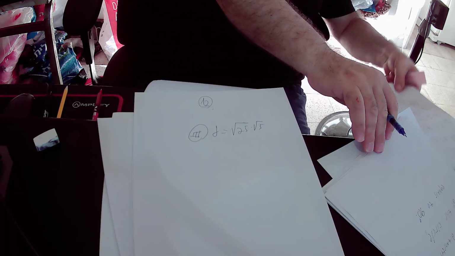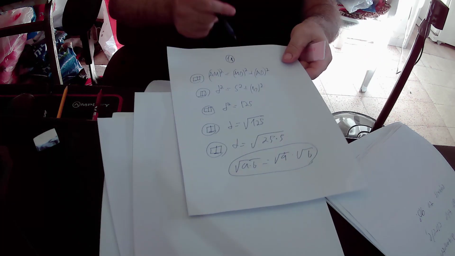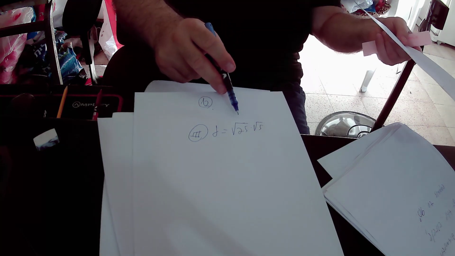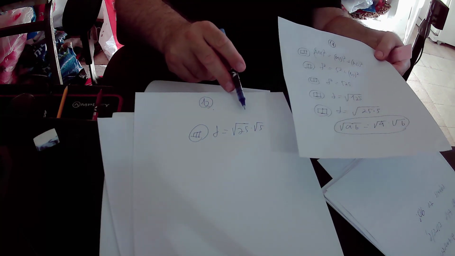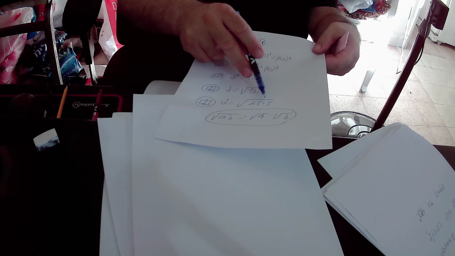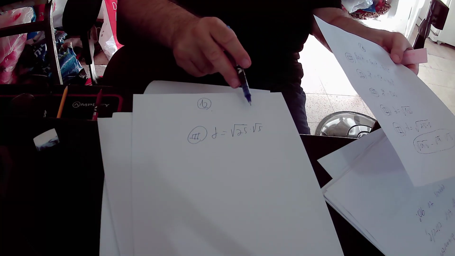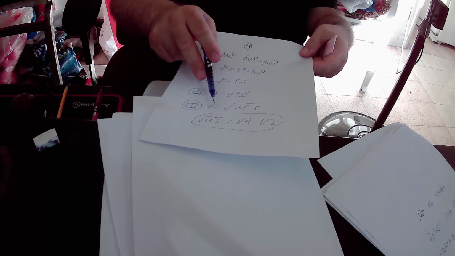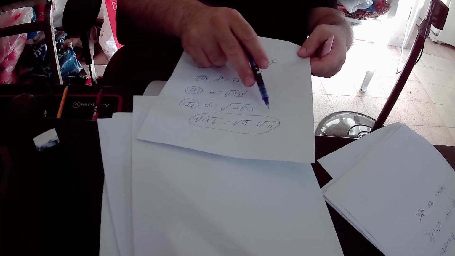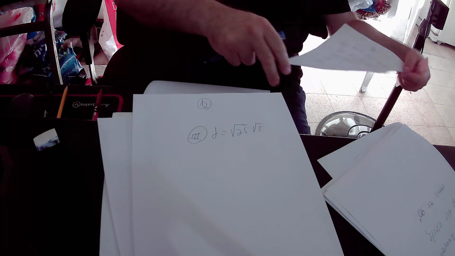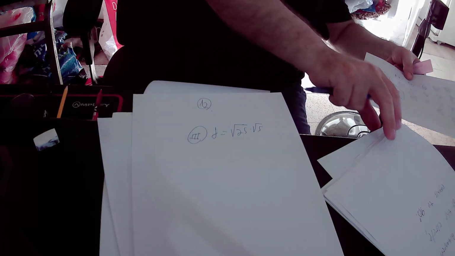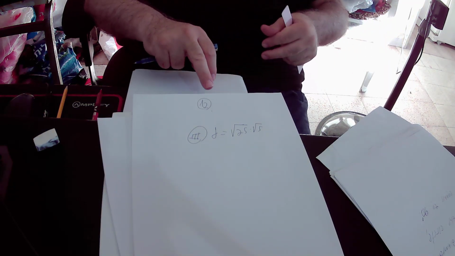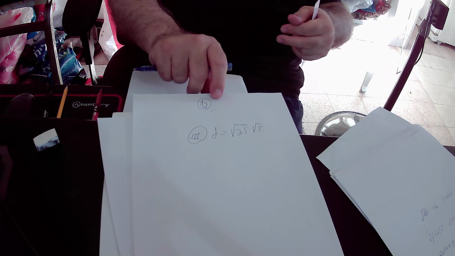The root of 25 times 5 equals root 25 times root 5, according to the rule that root of a times b equals root a times root b. So the root of 25 equals 5. I will write it down.